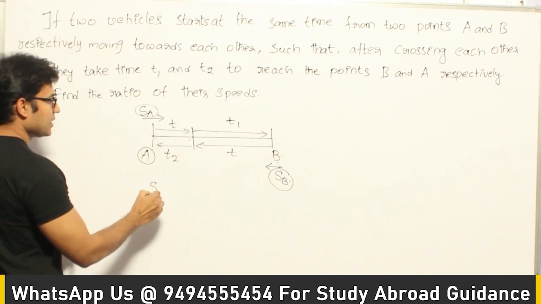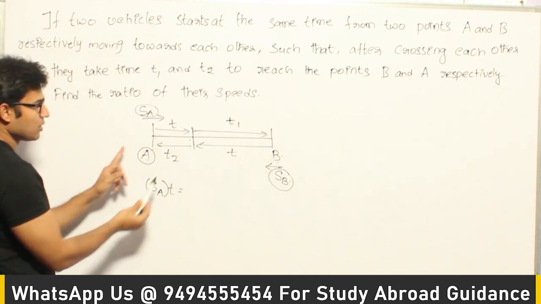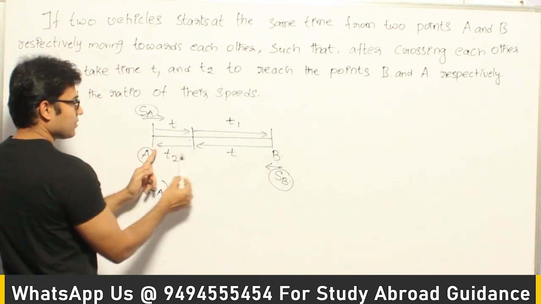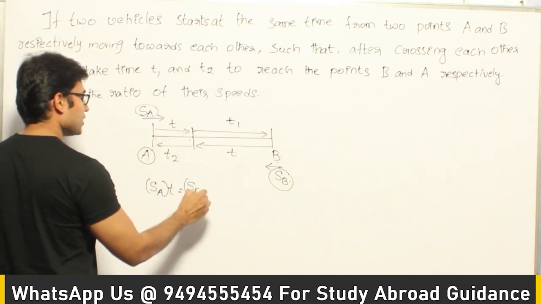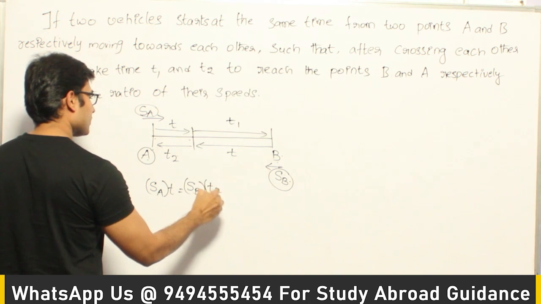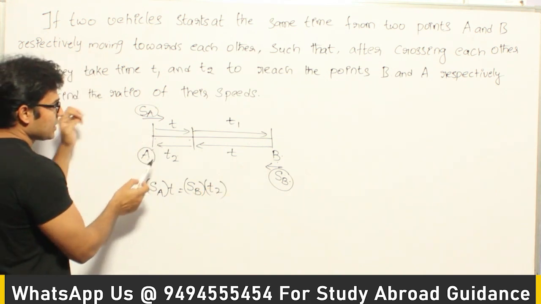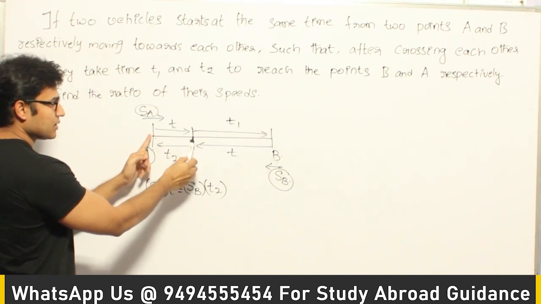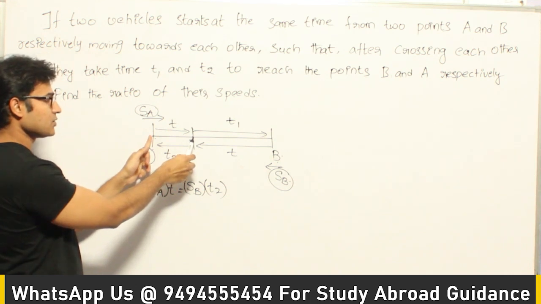So SA into T should be equal to, again the same distance covered by this vehicle in T2. That will be equal to SB into T2. You should understand this. The distance from here to here is covered by both the vehicle starting at A and the vehicle starting at B.